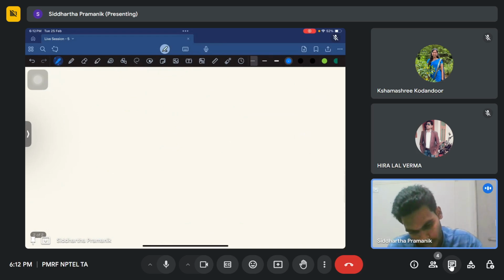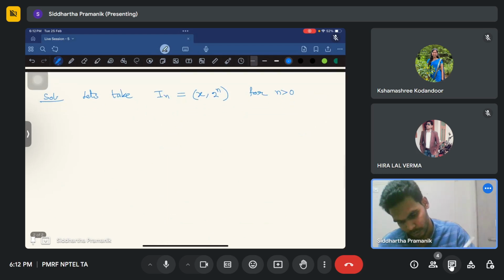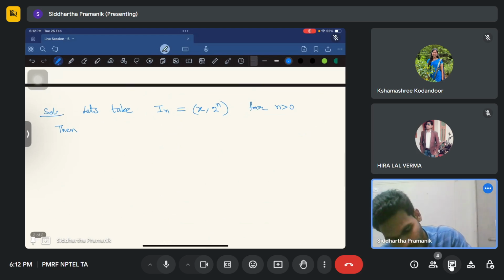Then what is your I0? You just take the ideal generated by x. Then you can see that the ideal generated by x is strictly contained in the ideal generated by x comma. Okay, we need to take the other way.